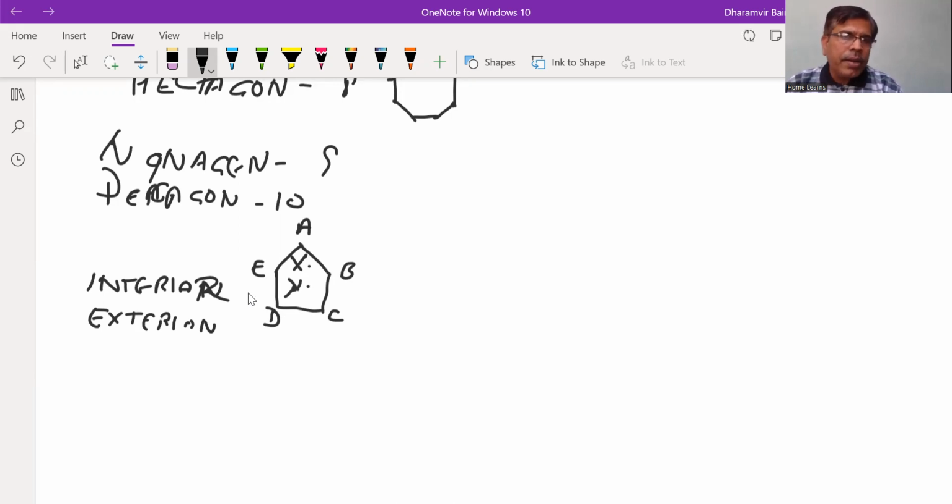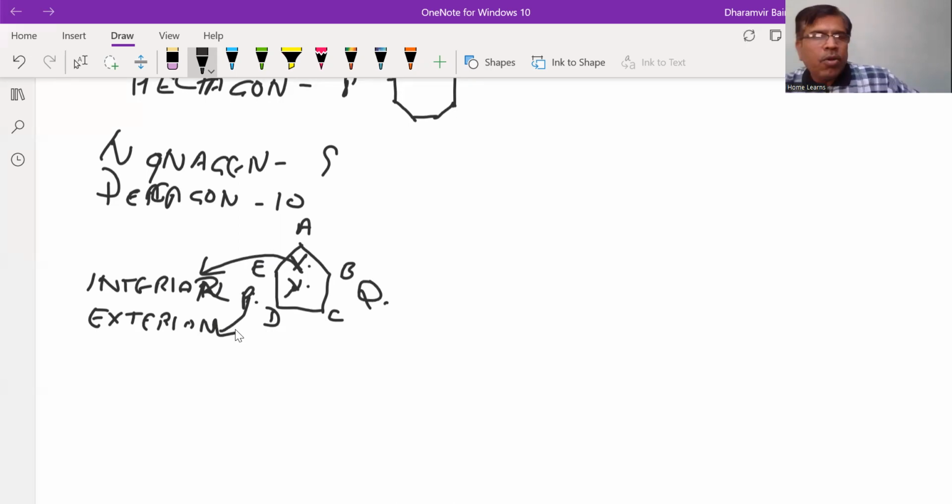And if we write points like this, P and Q, these points are exterior of the polygon. This is the exterior, this is the interior.